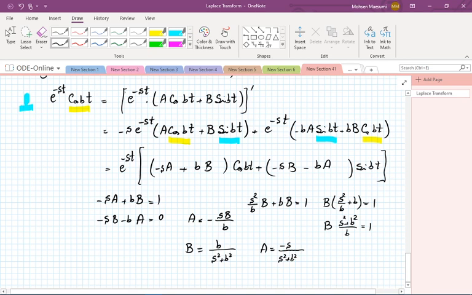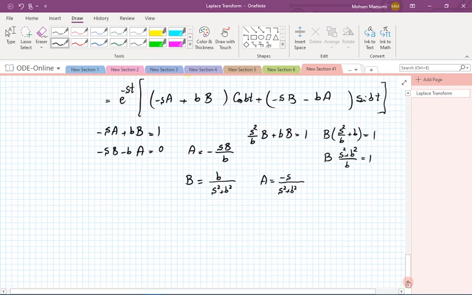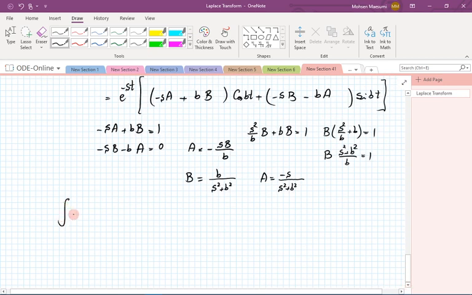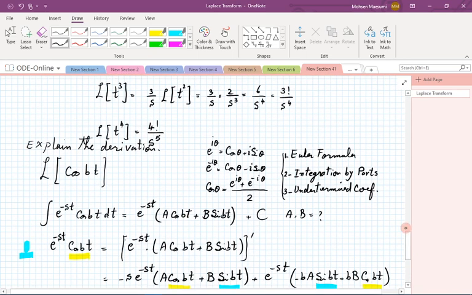So what that implies is that we have our integral. Let's go back and write our integral. I have the following: exponential of minus st cosine of bt. I have the same denominator all over the place, so to clean up, let's write it just once. A, what was it?